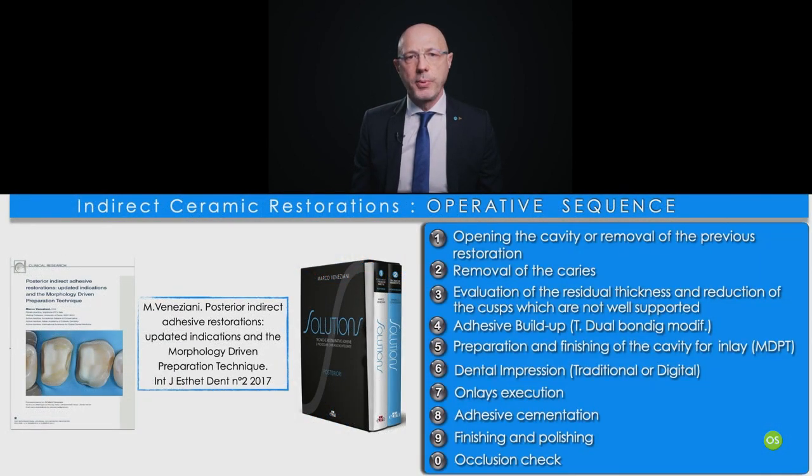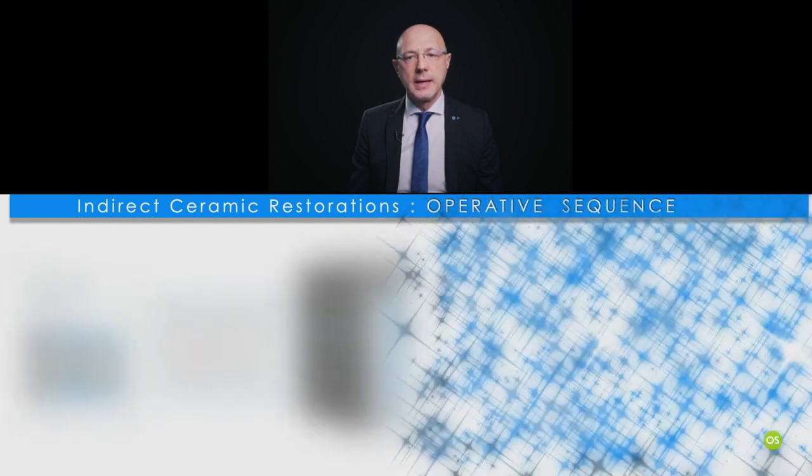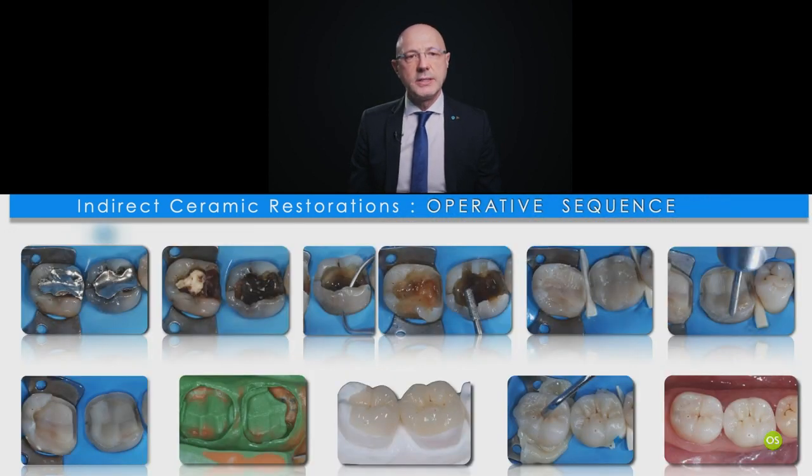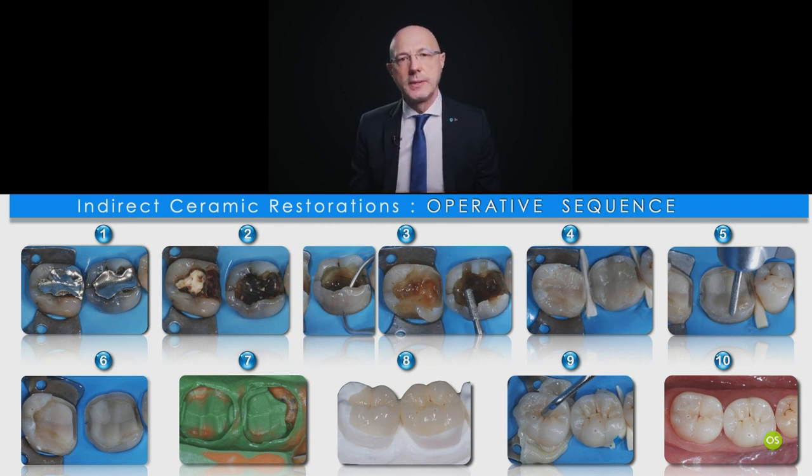The operative sequence to perform indirect restoration is well defined and summarized in this table and well described first in my paper published in the International Journal of Aesthetic Dentistry in 2017 and then in my new book Solutions published by EDRA in 2021. The operative sequence is opening the cavity, removal of the caries, evaluation of the residual thickness, and reduction of the unsupported cusps.